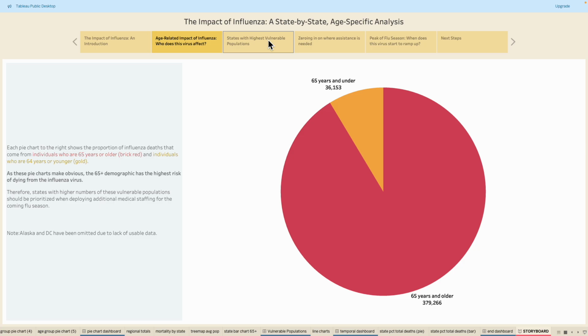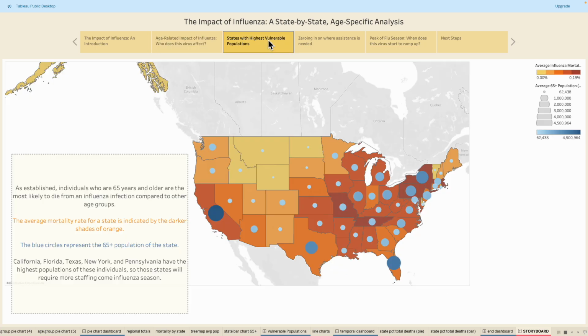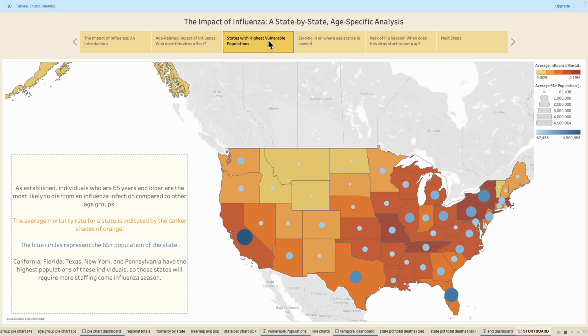So now that we've identified who is at risk, we need to take a look at where they are located. What we're looking at here are two different metrics for the different states in the U.S. The orange shading in the states represents the average mortality rate for a state, which is the percentage of individuals 65 and older, how many of them are in the state versus how many died from the flu.